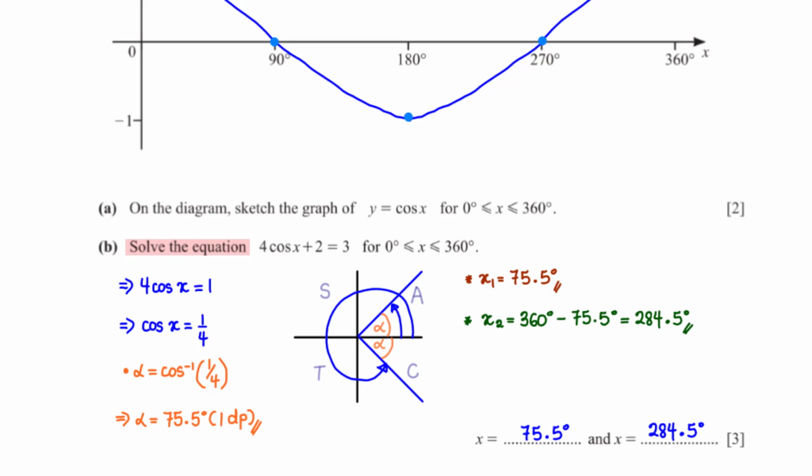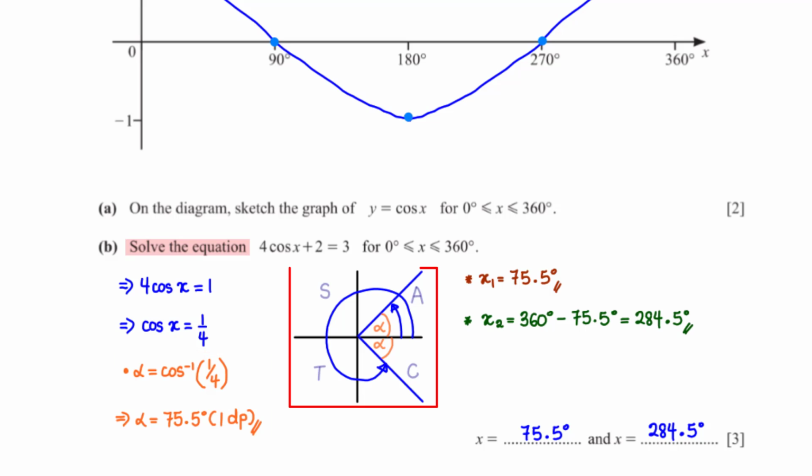So now we need to find alpha, the reference angle that will help us find all the possible values of x in the given range. We get alpha by taking cos inverse of the positive value of 1/4. This gives us 75.5 degrees, rounded to 1 decimal place.